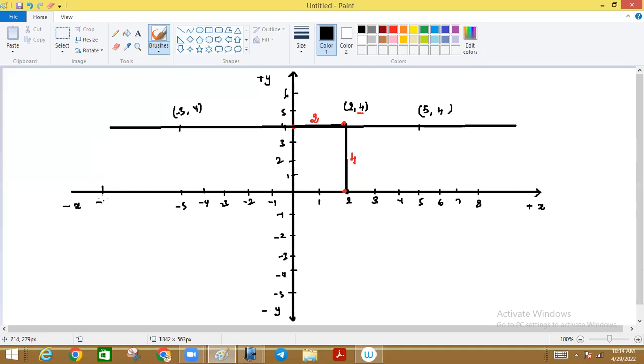If I take -10, then what would be this point? -10, 4. Yes or no? Look at the points on this vertical line. Can you tell me what about this point? 2, -3. 2, -5.